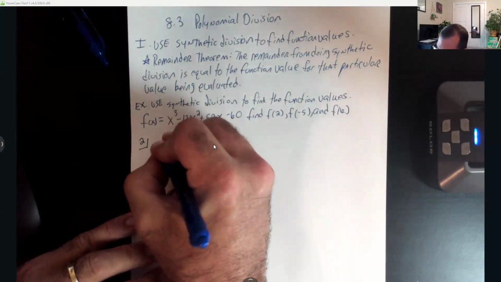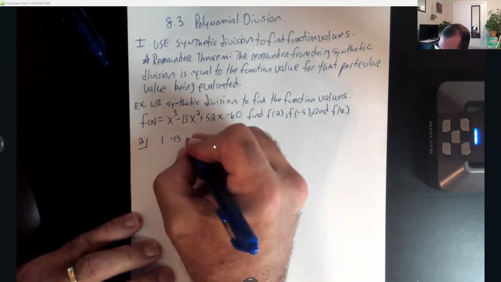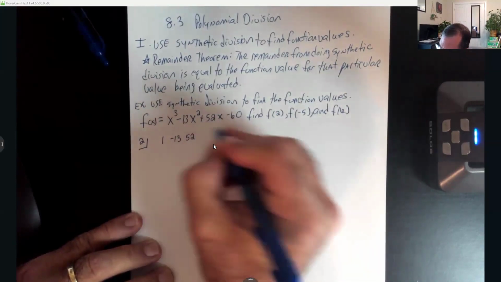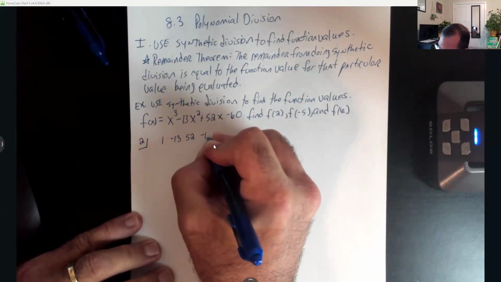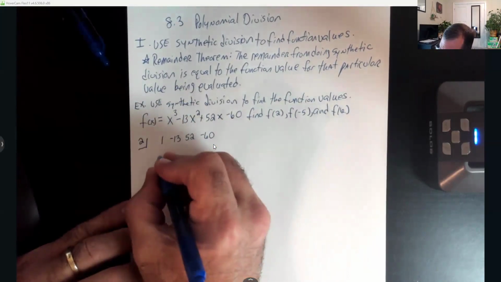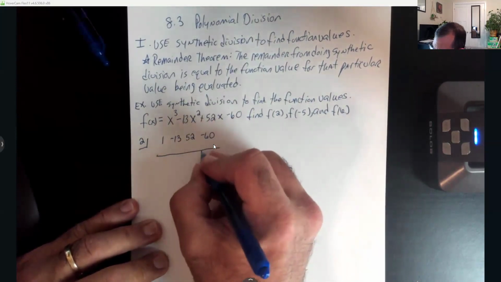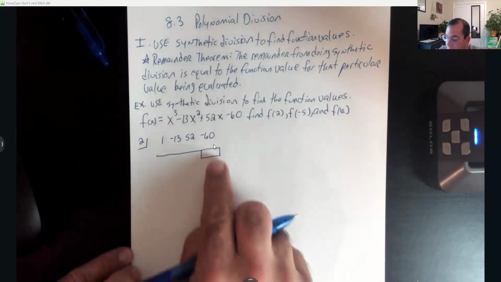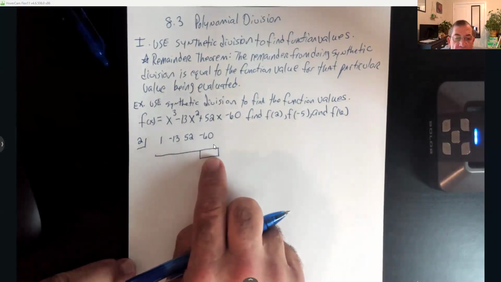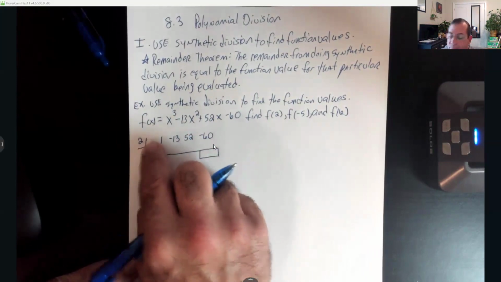So I got a 1 for the x3, negative 13 for the x squared, 52 for the x term, and then negative 60. Now remember, leave a little space and then come across with your line. And then under the negative 60, I'm going to box that. This will be our remainder, which means it'll be our function value for finding f of 2, okay?